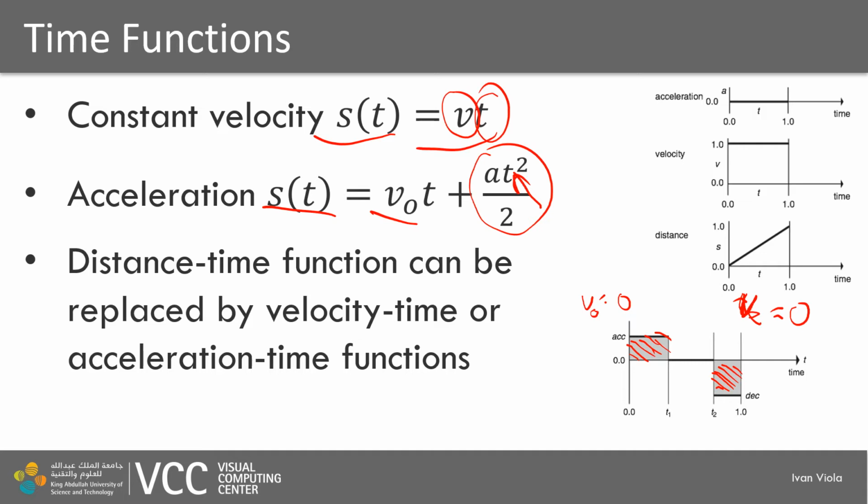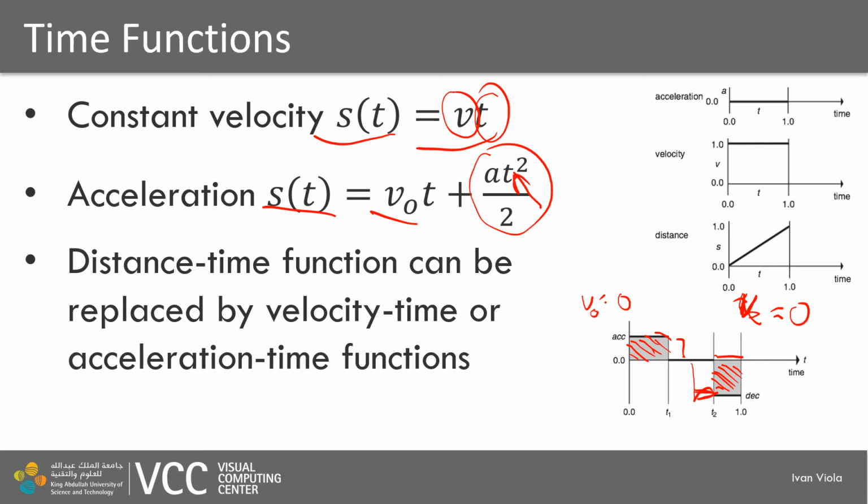So these two areas would need to be the same. The time duration doesn't need to be the same, because the deceleration can be stronger, the amplitude can be higher for the deceleration than for the acceleration. It's important that the area is the same.